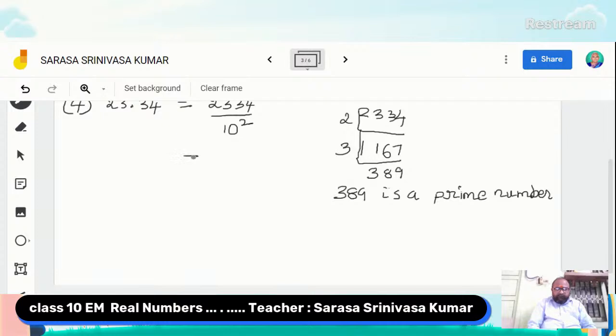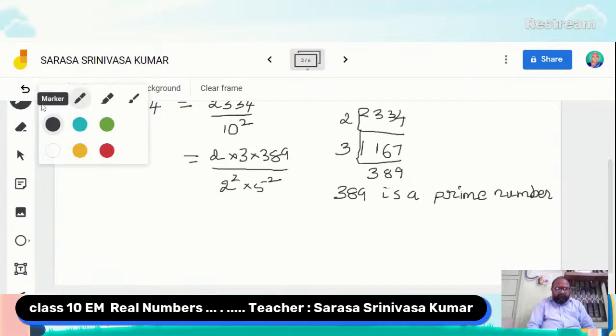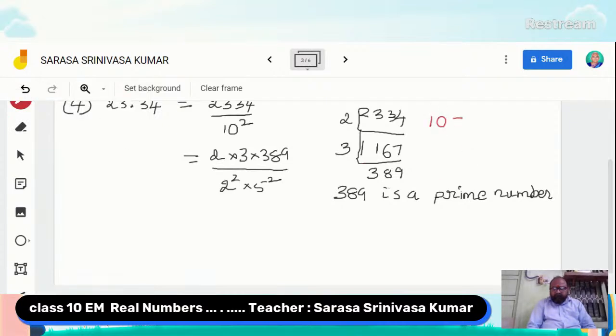So this is equal to, we can write 2 multiplied by 3 multiplied by 389 divided by 2 square multiplied by 5 square. This is why, because 10 can be written as the product of 2 and 5. 10 square equal to 2 multiplied by 5 whole square.